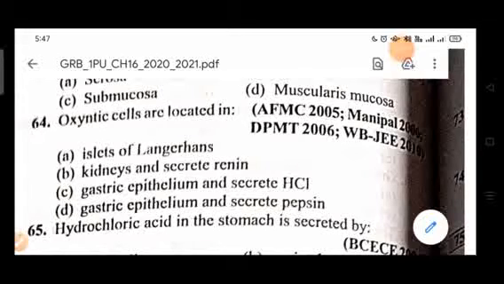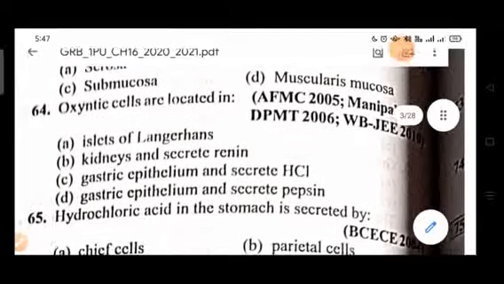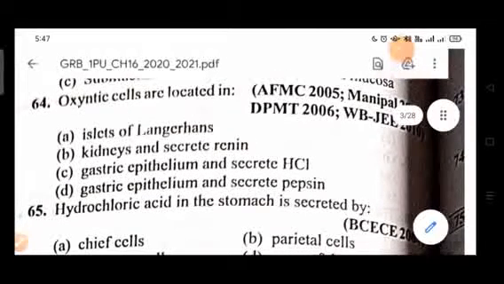GRP publications. Oxyntic cells are located in islets of Langerhans, kidneys and secrete renin; gastric epithelium and secrete pepsin.